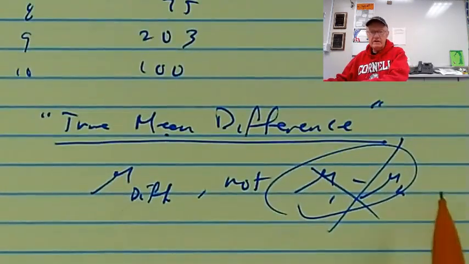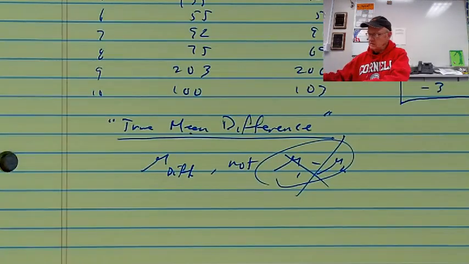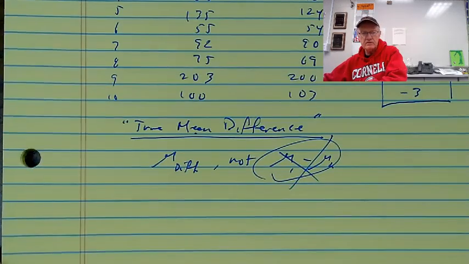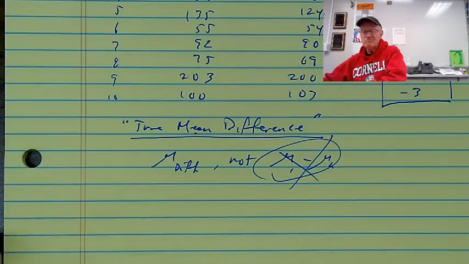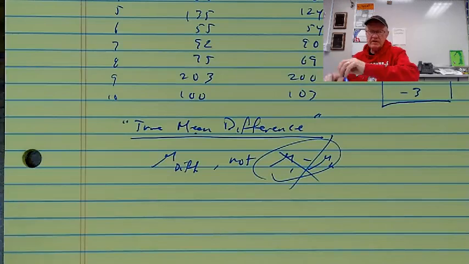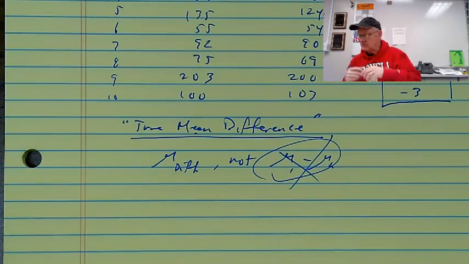That is not a difference of means. And I hate to sound all pedantic when I say that, but this is very loaded language. If ever you come across a problem where it uses the phrase mean difference, that is almost certainly a matched pairs problem, or matched data, or paired data, as it's sometimes called.